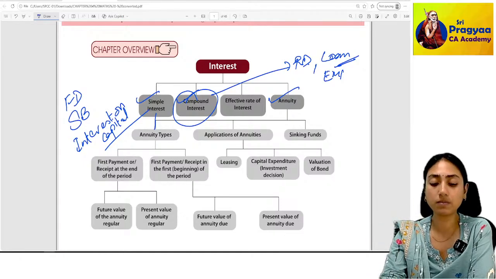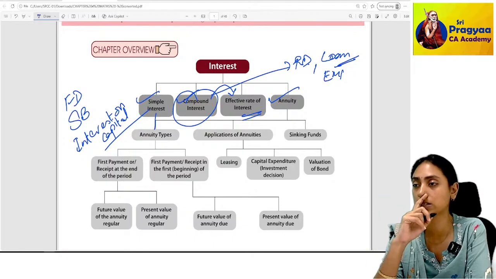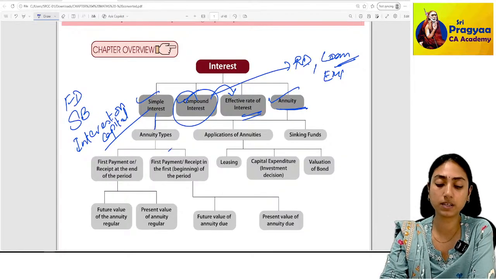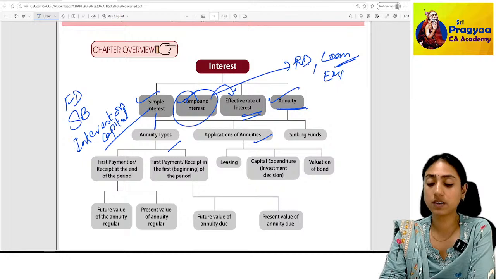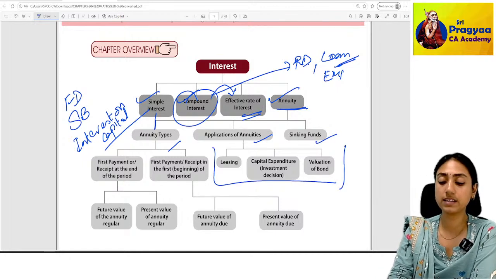Apart from this, you have effective rate of interest. Whenever there is compound interest, the effective rate of interest will be different from the actual rate that is quoted. And then you have annuity, a whole chunk of annuity, where there are types of annuity, applications of annuity, and a sinking fund. In the applications of annuity, there are 3 scenarios.